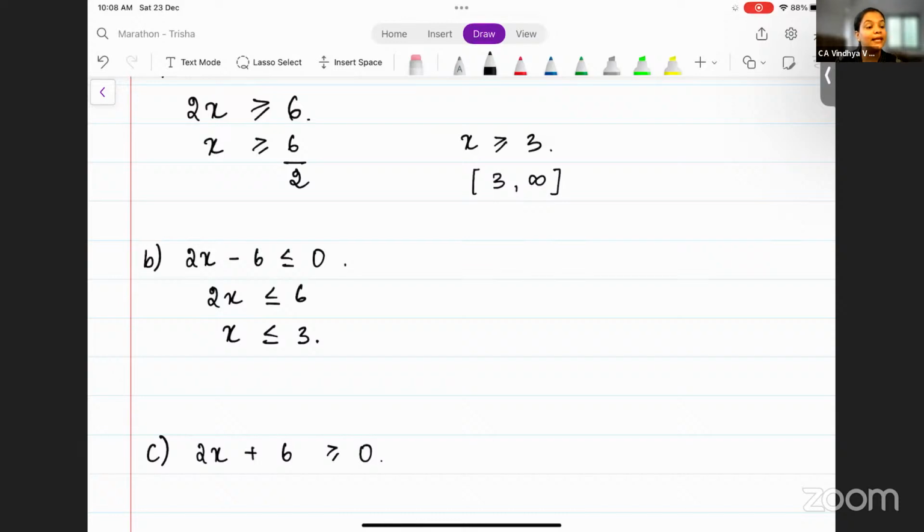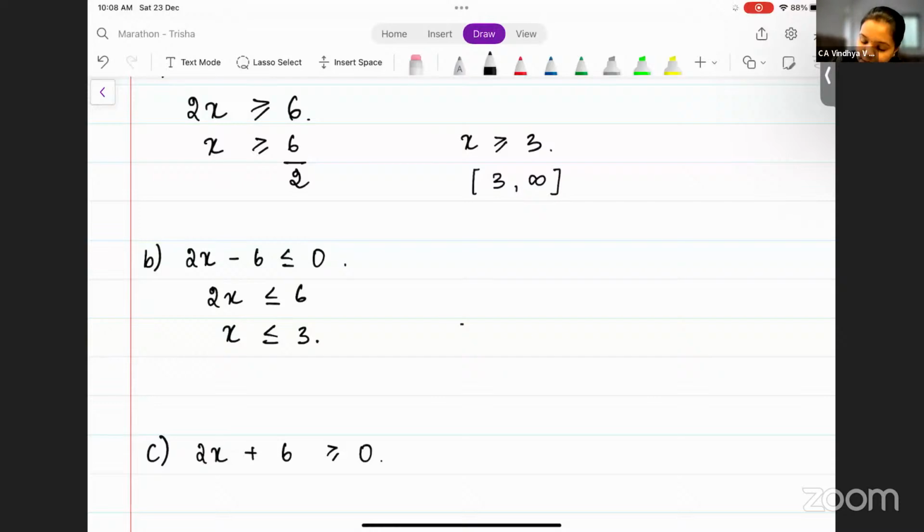Now, what is this less than or equal to 3? Less than or equal to 3 means any value starting from minus infinity to 3, because the value of x is less than or equal to 3. Something that is less than or equal to 3 means 3, 2, 1, 0, minus 1, and so on up to minus infinity.